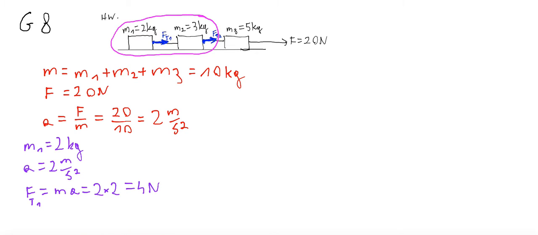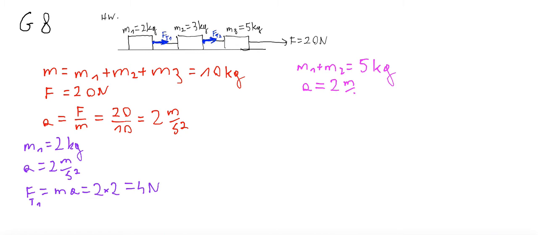Okay, these two masses together, m1 and m2, is equal to 5 kilograms, because 2 plus 3 is equal to 5 kilograms. And these two masses together move with acceleration of 2 meters per second squared. So what is a force acting on these two masses?